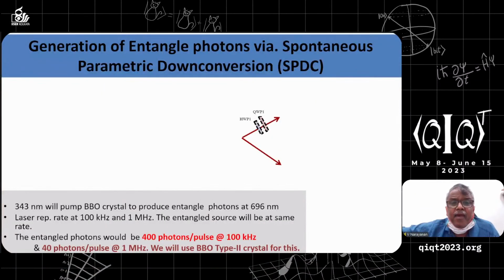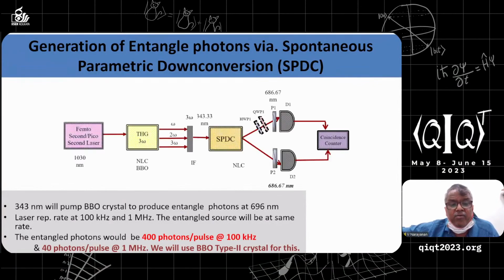So most of my talk today would be on the entangled states from the experimental point of view. How one produces parametric down conversion is basically here: you take a short femtosecond laser, or a CW laser, depending upon the resource availability. In this case, we use a 1030 nanometer femtosecond laser. After harmonic generation, one produces the UV photon, which is at 343 nanometer.